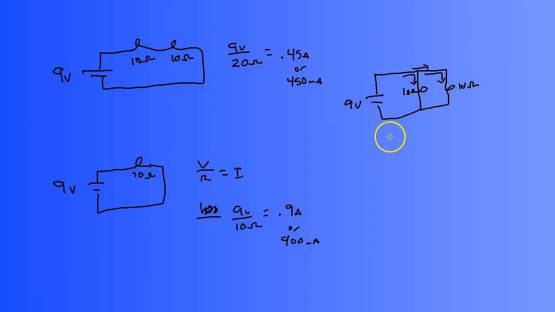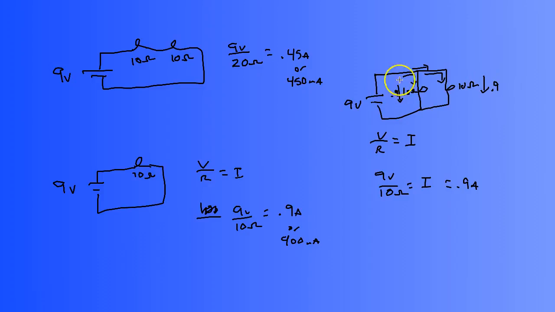So we say V over R is equal to I, and we do this calculation for each loop. The voltage is 9, the resistance is 10 ohms, and so we get a current through that bulb of 0.9 amps. You do the same calculation here and you get a current of 0.9 there.